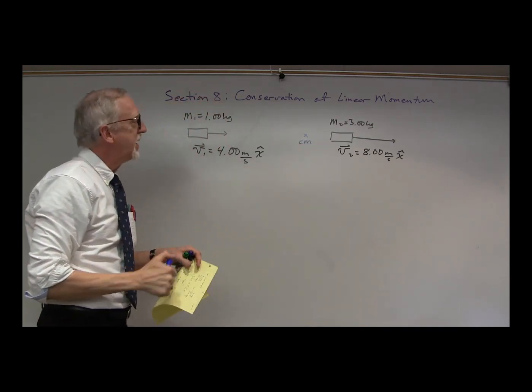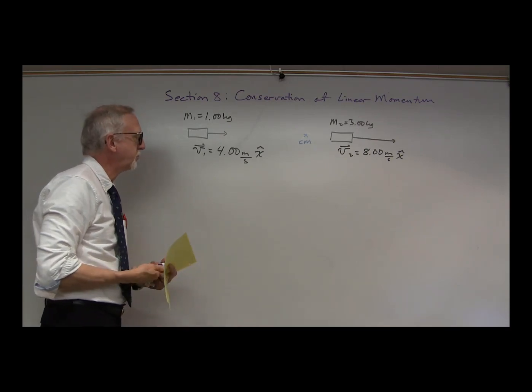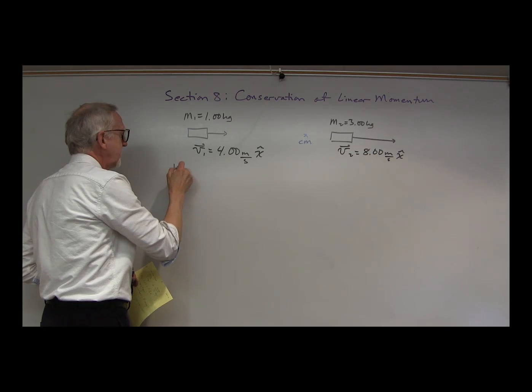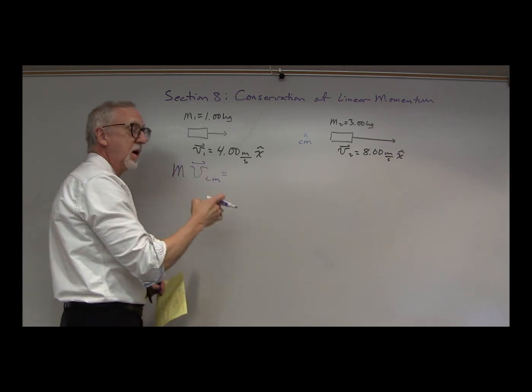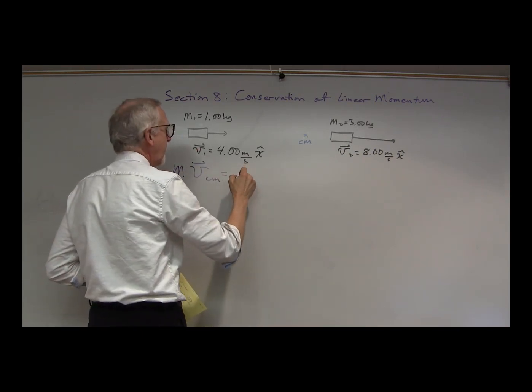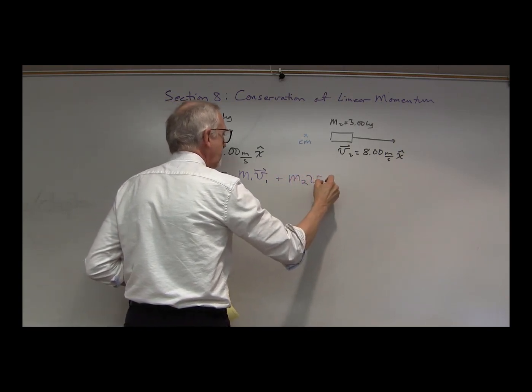Let's figure out what is the velocity of the center of mass. So how are we going to do that? Well, we know that the total mass times the velocity of the center of mass is equal to the sum of m_i v_i for each particle. So we'll have m1 v1 plus m2 v2.